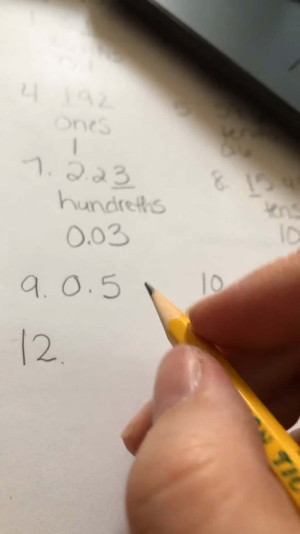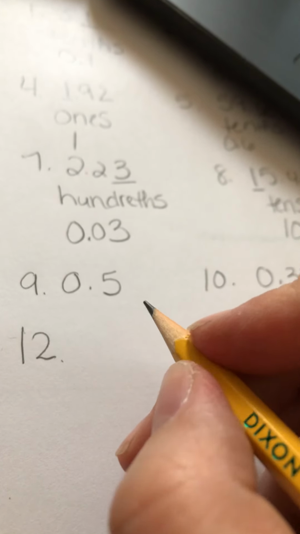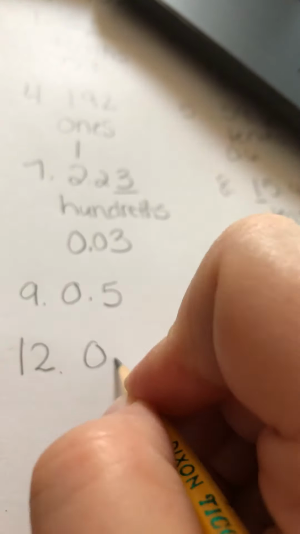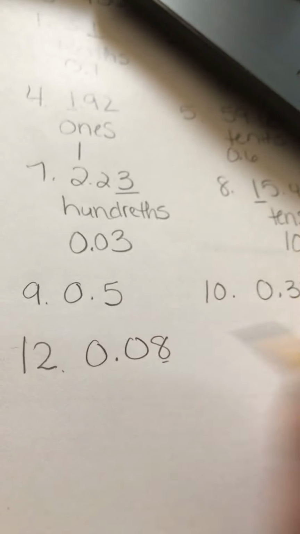Number 11 is 3 and 4/10, so 3.4. And number 12 is 8 hundredths, so it's 0.08, 8 hundredths.